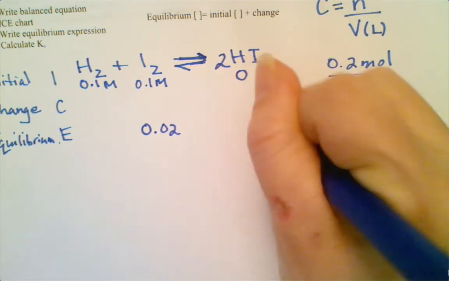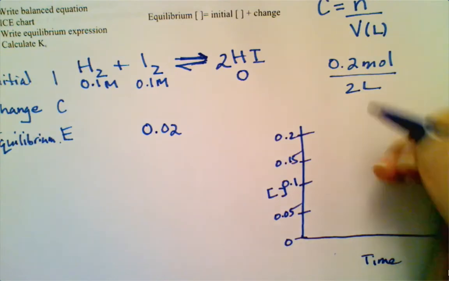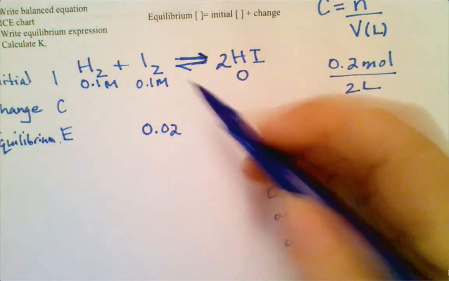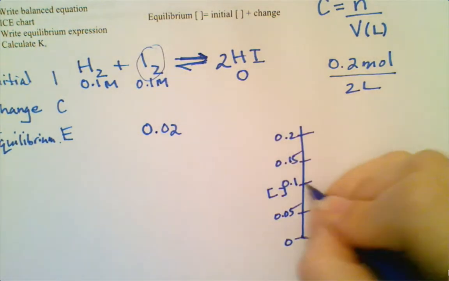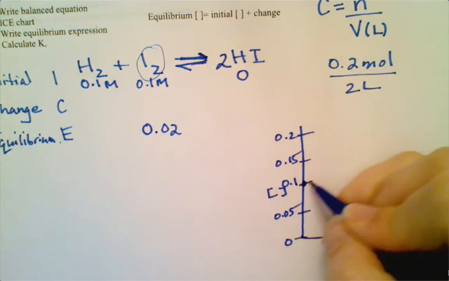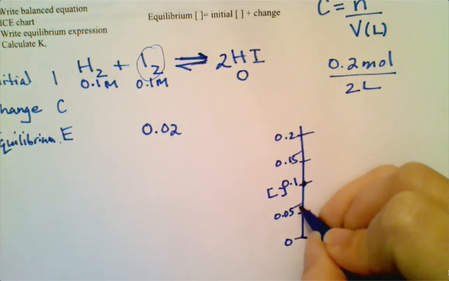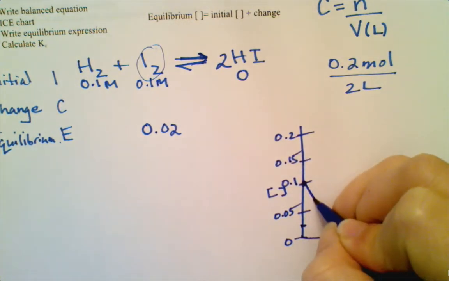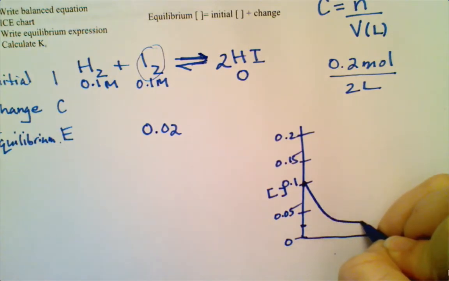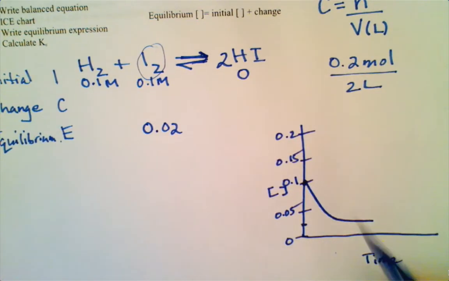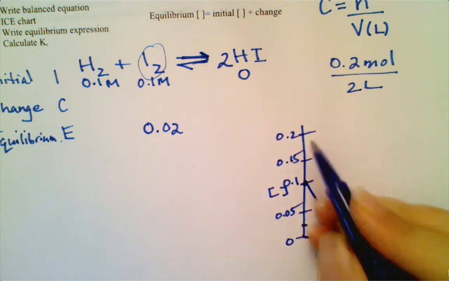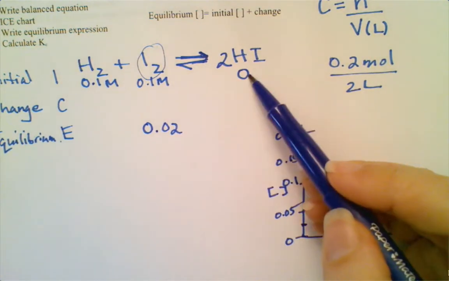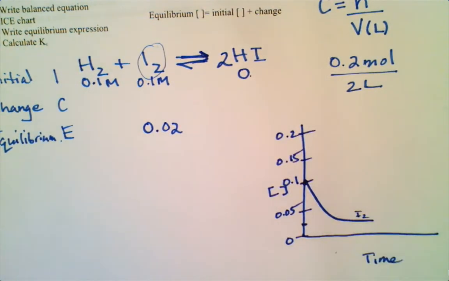this is 0.2. So what they're saying is, if I take a look at I2 right now, you have some at time 0, and 0.02 is maybe here. At equilibrium, that's when it starts to plateau; the concentration of I2 has dropped. And we know at time 0 we have 0 HI.